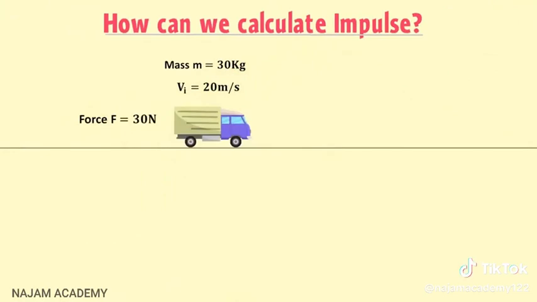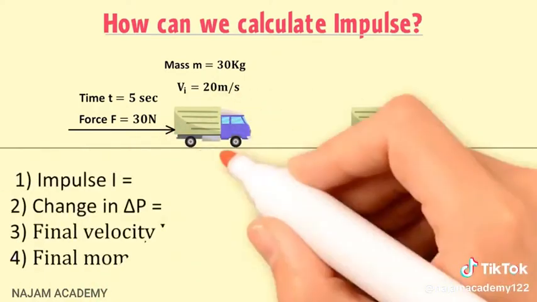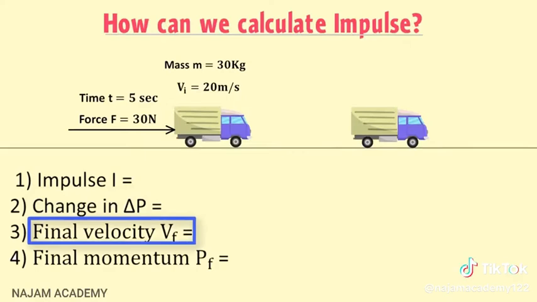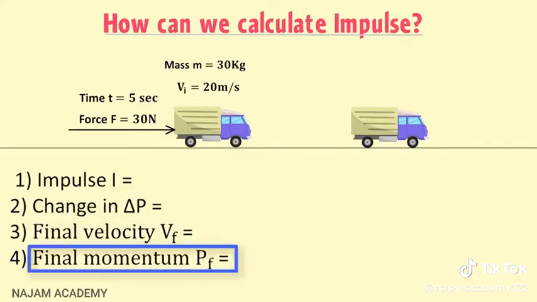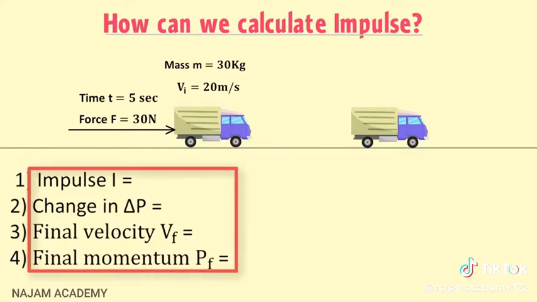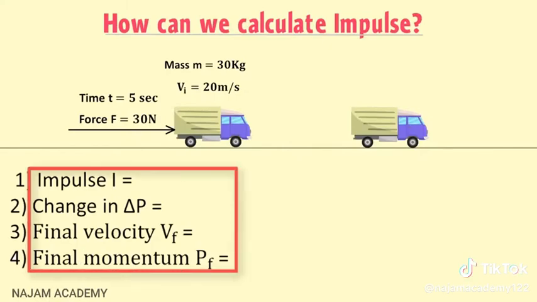Now force F is equal to 30 Newton acts on this object for time t is equal to 5 seconds. If I ask you to find the impulse I on an object, the change in momentum of an object, the final velocity Vf of an object, and also the final momentum Pf of an object, will you calculate all these variables? I hope so. Let me calculate it for you.